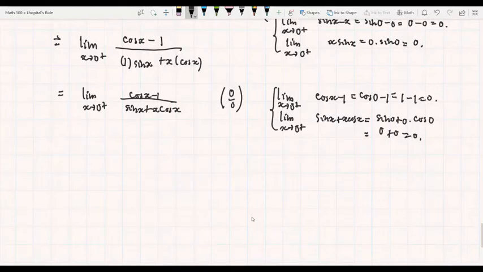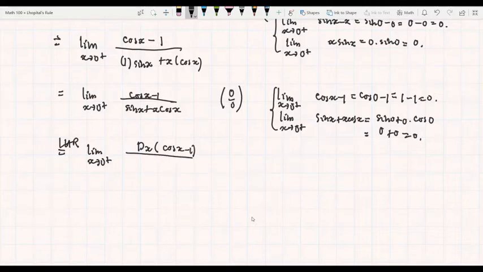So by L'Hopital's rule, we have the limit as x goes to 0 from the right of the derivative of the numerator, so we have cosine x minus 1, over the derivative of the denominator, which is sine x plus x cosine x.